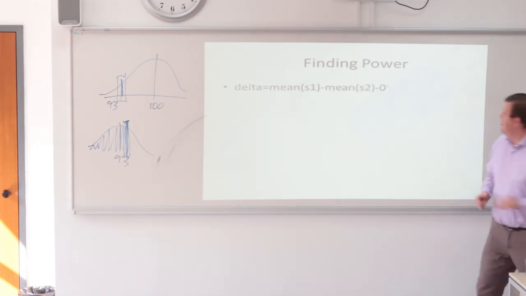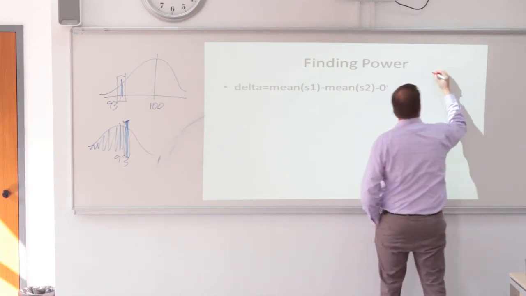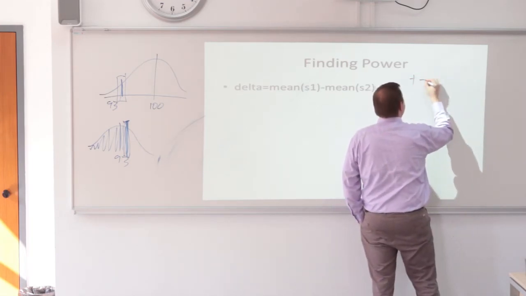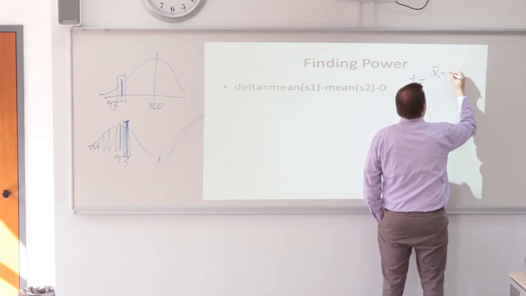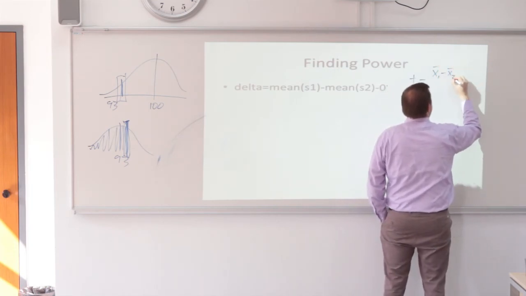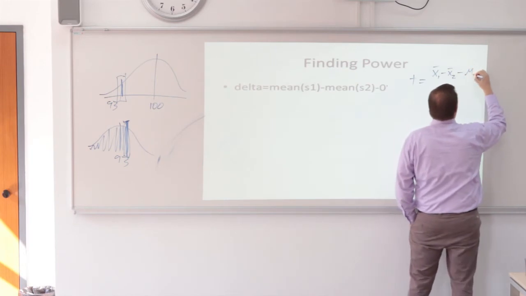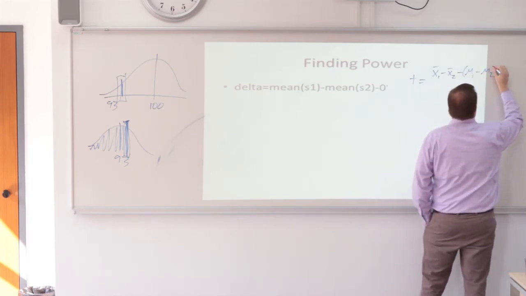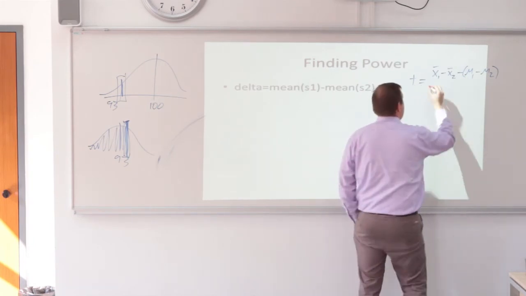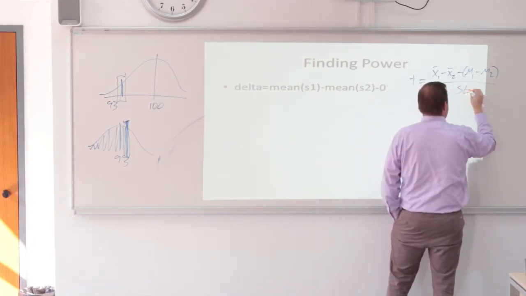Delta. So we have our independent t-test, and the formula for t is mean 1 minus mean 2 minus (mu1 minus mu2), all over the standard error.